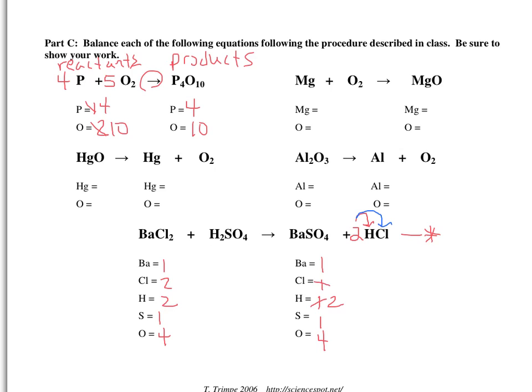So that's 2 chlorines. If I go back and check my list, my bariums are balanced, my chlorines, my hydrogens, my sulfurs, and my oxygens. So that's all I had to do, put a coefficient of 2 in the front of that one. It looked like it was going to be much harder than it turned out to be.